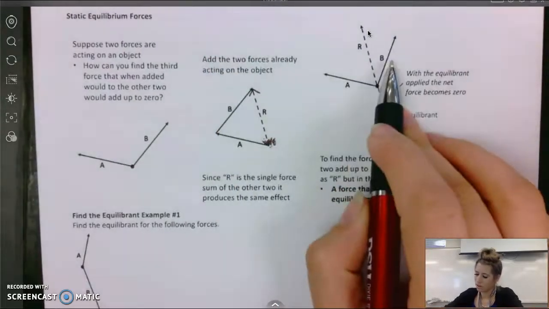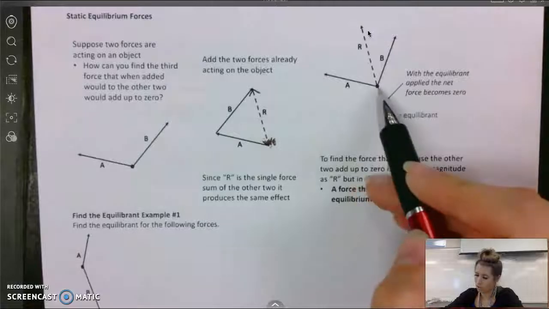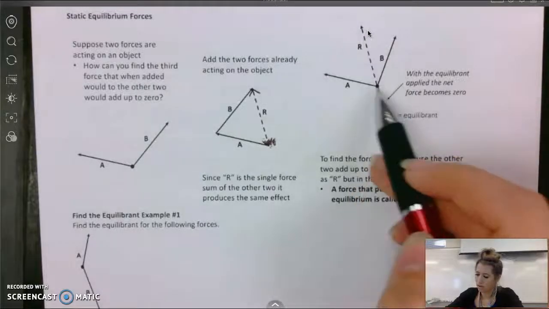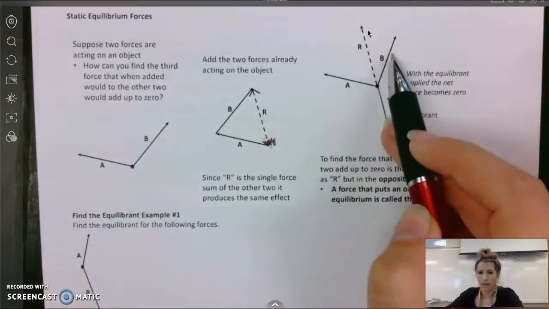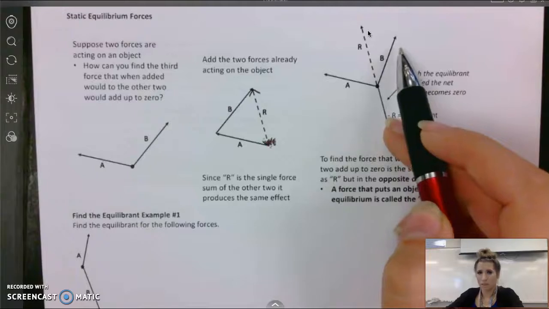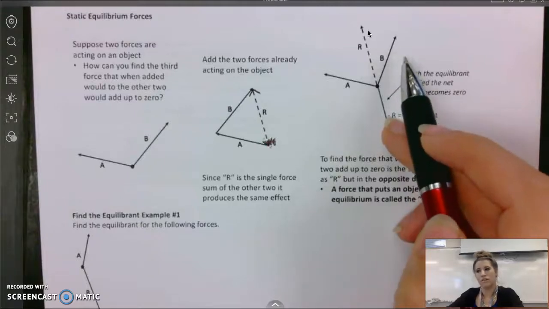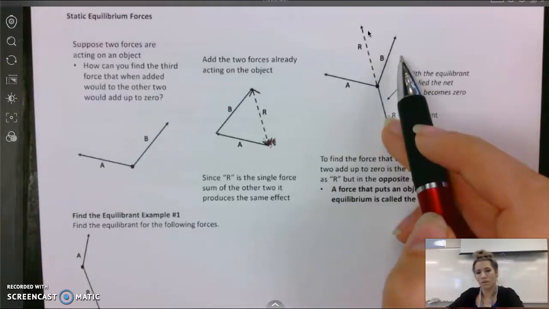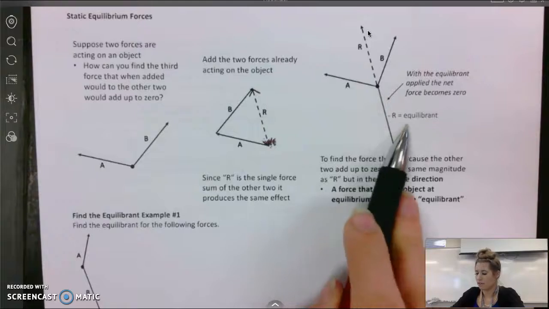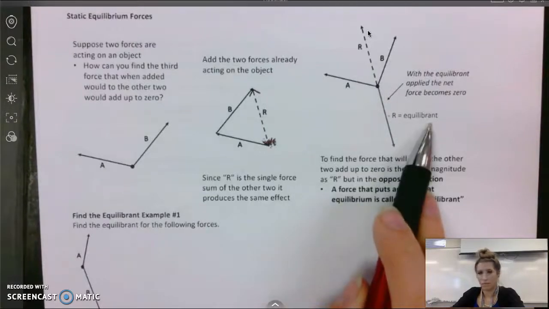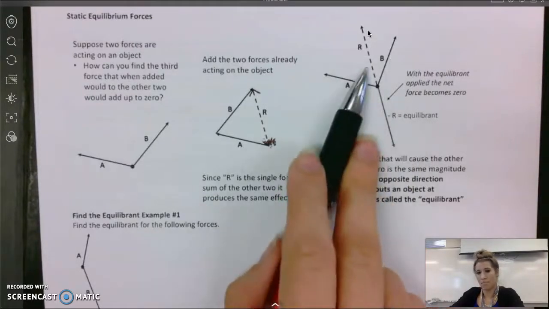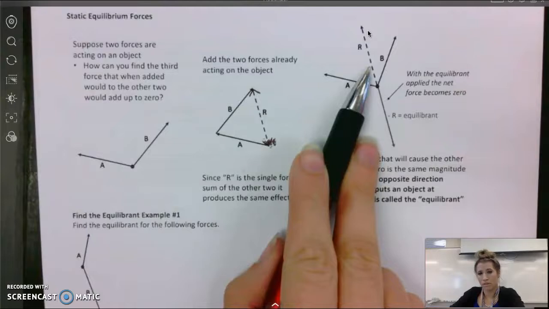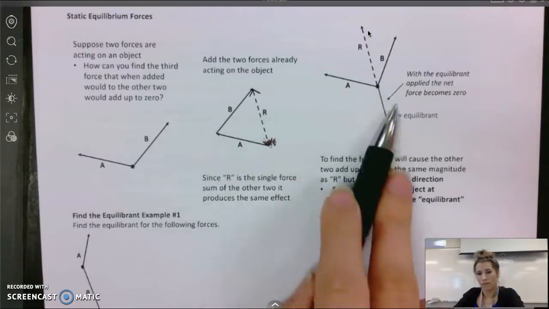And if I want the sum of my forces to be 0, then I better have an equilibriant, which is the same magnitude as the resultant in the opposite direction.